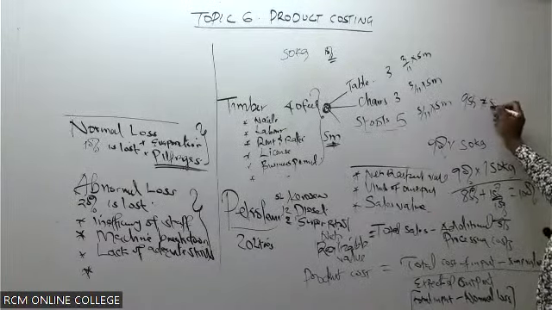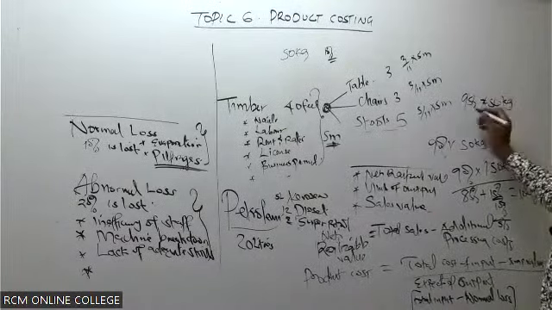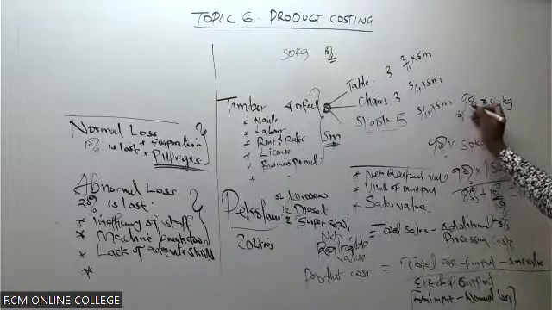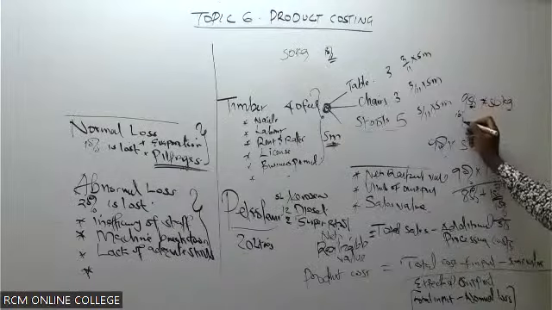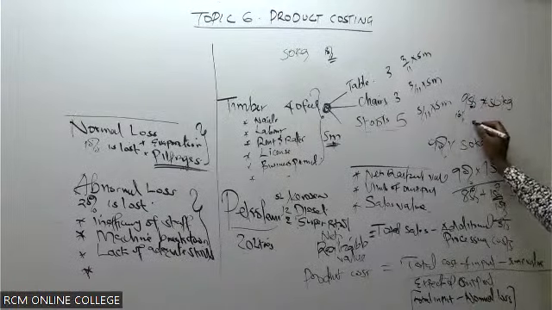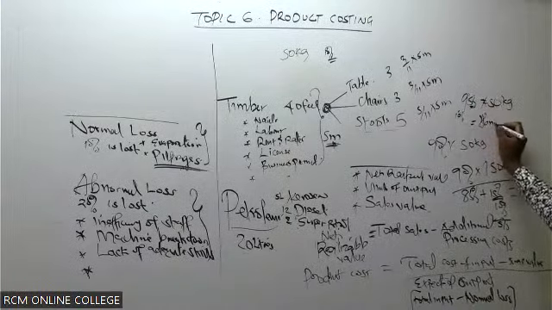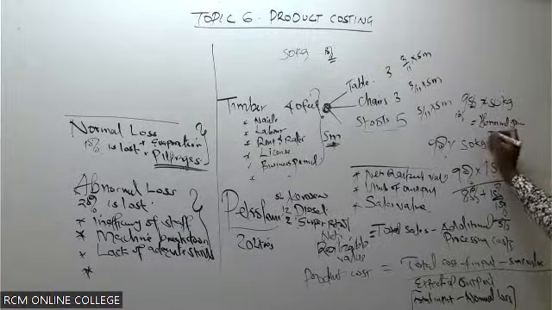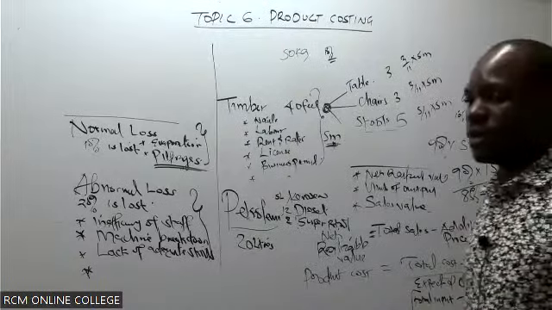They expected to lose 10%, but here they have only lost 5%. So what has happened? There's what we call abnormal gain. Abnormal gain has occurred.